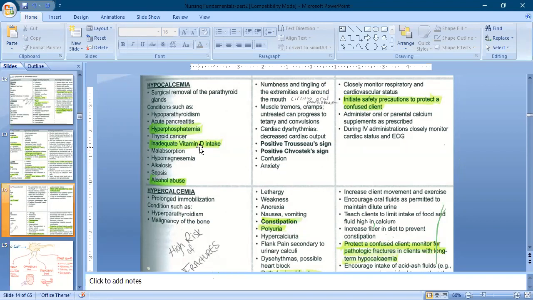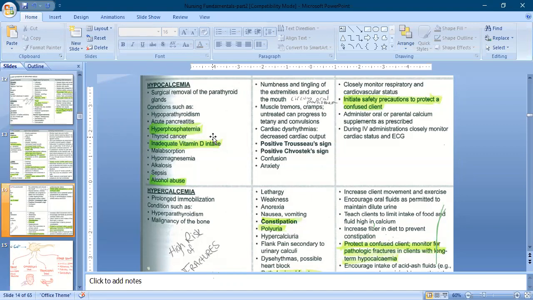Like when the surgeon is doing a thyroid operation and suddenly, unfortunately, removes the parathyroid gland. If the parathyroid gland is removed, they develop hypoparathyroidism.